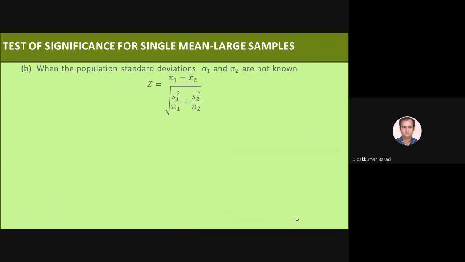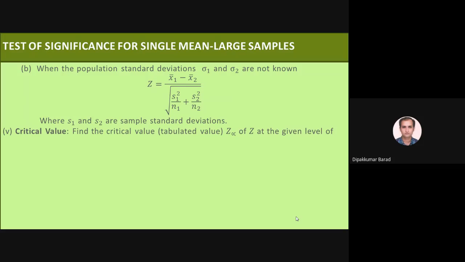And when the population standard deviations sigma 1 and sigma 2 are not given, then sample standard deviations s1 and s2 must be given. So x1 bar minus x2 bar upon under root s1 square upon n1 plus s2 square upon n2. Then we have to find the critical value z alpha from the level of significance, whatever is given, 0.05 or 0.01, and compare it with mod z.